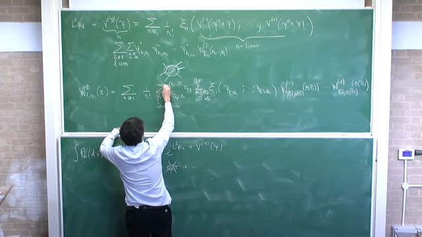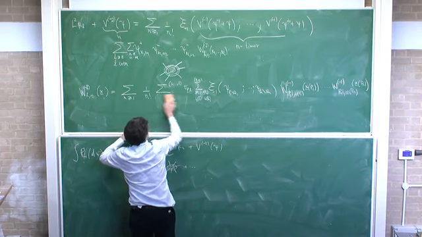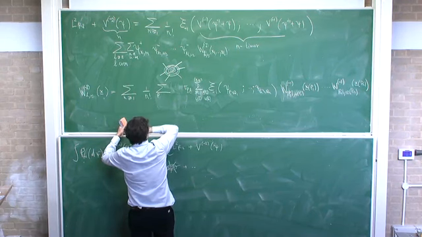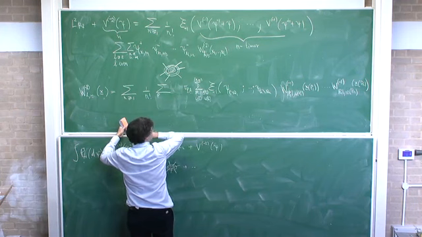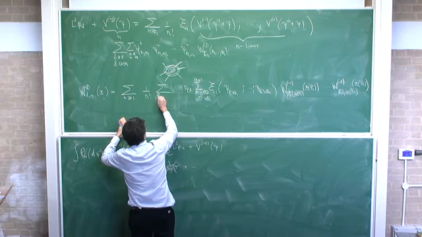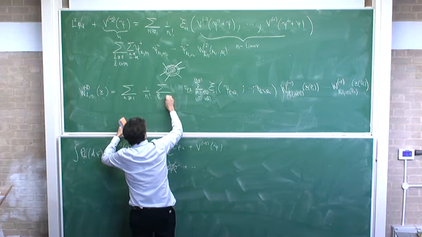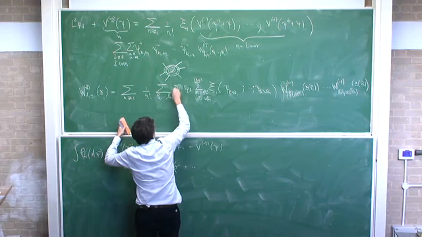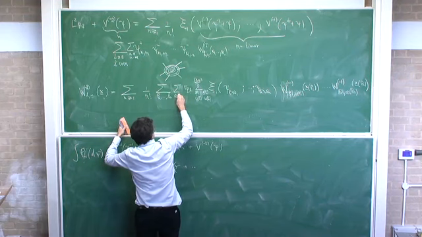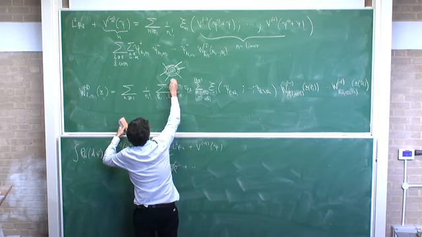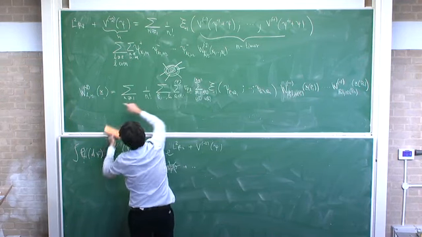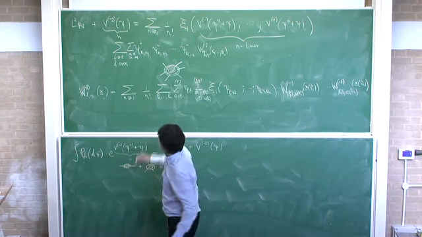So now here I have to sum over the P's, and I have to sum over the Q's, with some constraints that the number of external legs should again be 1L.